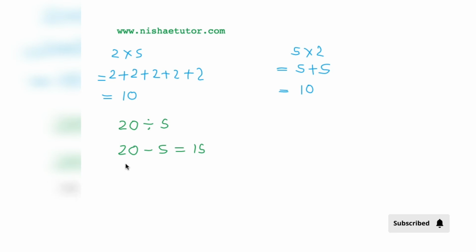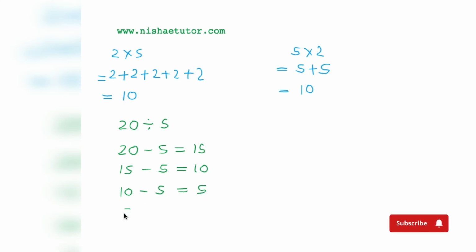Now again subtract 5 from 15. So 15 subtract 5, we get 10. Again subtract 5 from 10, we get 5. Again subtract 5 from 5, we get 0.